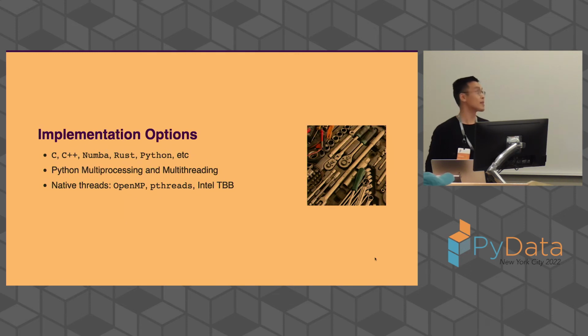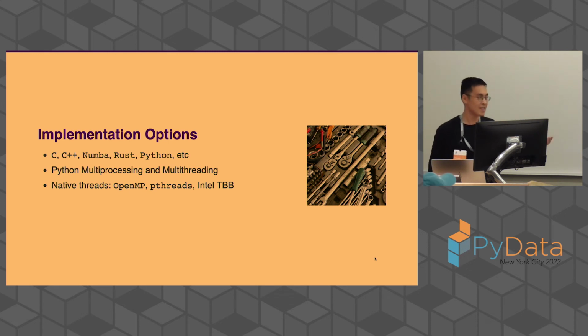On the implementation side, there are many ways to do it. You can write it in C, C++, Numba, Rust, any language you want. The underlying mechanisms are still the same: you could use multiprocessing from Python and multithreading from Python, or underneath it could use native threads. So the underlying implementation uses one of these parallel mechanisms, but the language may change.